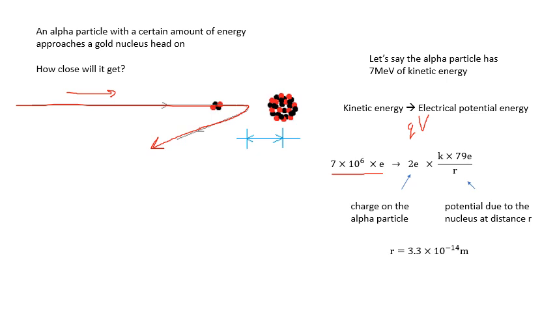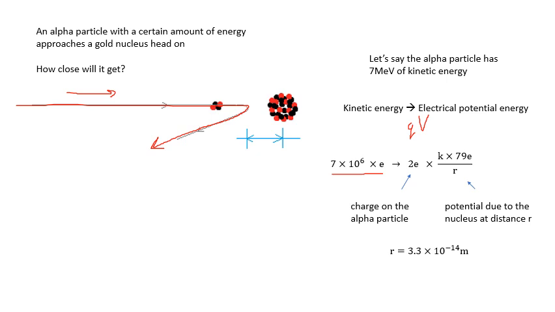V is the potential due to the nucleus, and you should remember that V is kQ over r. k being 9 times 10 to the 9, or 1 over 4 pi epsilon naught, times Q, the charge on the nucleus, which is 79e, because gold has an atomic number of 79, divided by r. And so this k 79e over r is the potential due to the nucleus.